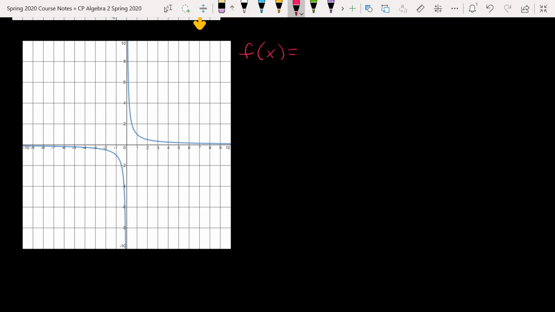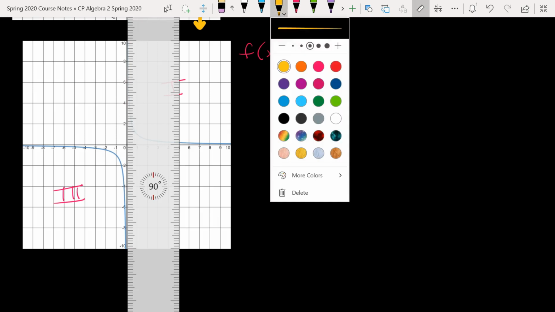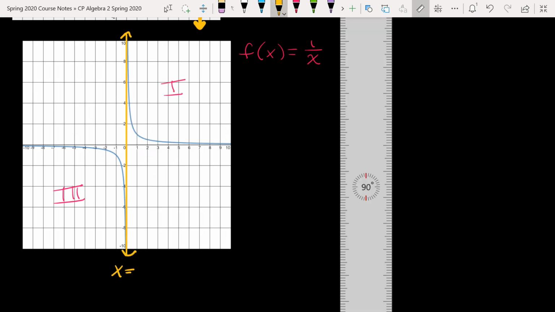Consider this function. This is the function 1 over x. It's a reciprocal function. Just looking at the graph, it appears that in both the third quadrant and the first quadrant, the graph gets closer and closer to the line x equals 0, but something strange seems to happen right there at the y-axis. On the right, the graph goes up very quickly. On the left, it goes down very quickly.